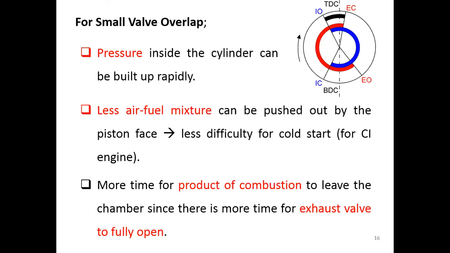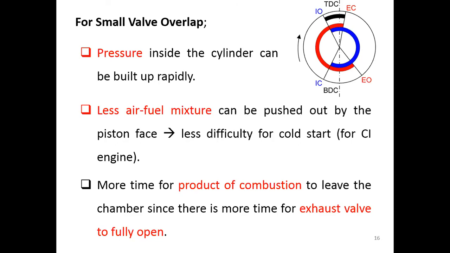Another thing that you can get if you go for the small valve overlap is that you will have less air fuel mixture pushed out by the piston face because of the small overlap of the intake valve and the exhaust valve.